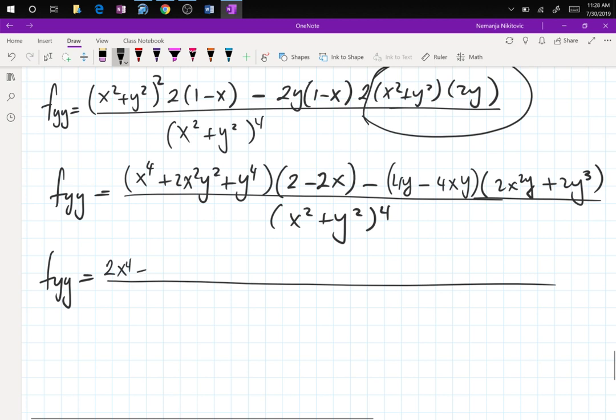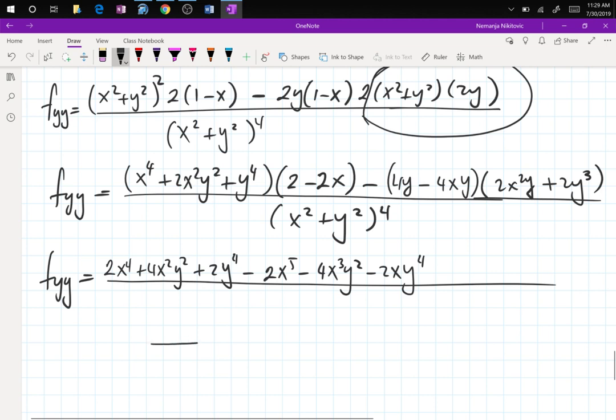2x to the 4th plus 4x squared y squared plus 2y to the 4th minus 2x to the 5th minus 4x cubed y squared, that's a 4, and minus 2xy to the 4th. So that's the first part.